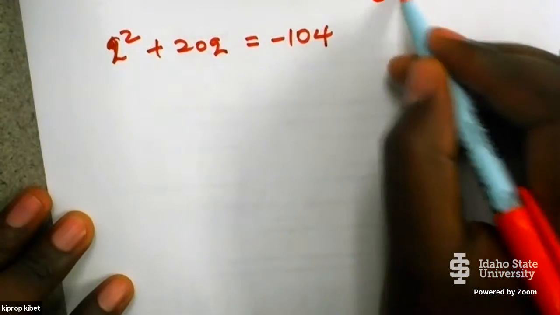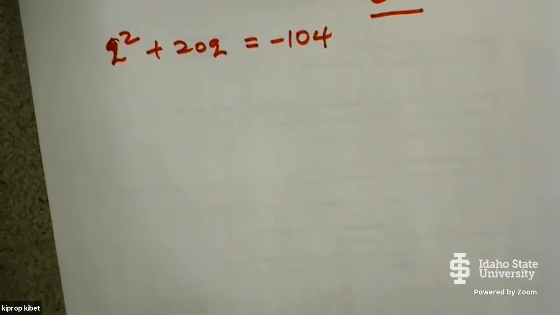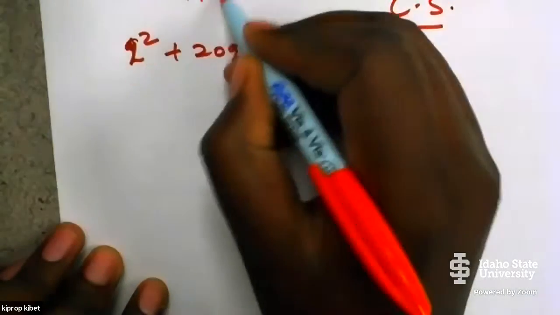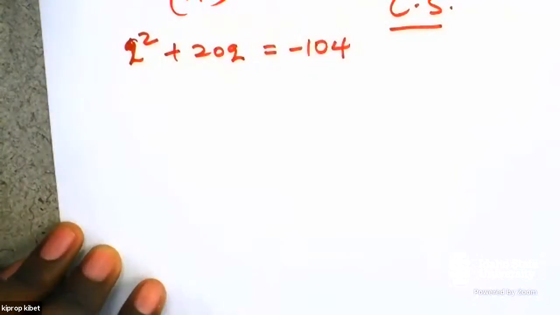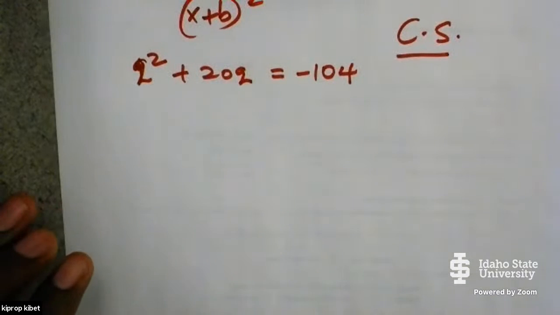Solve that using completing squares. So this is our positive, so our binomial square would be x plus b, squared.